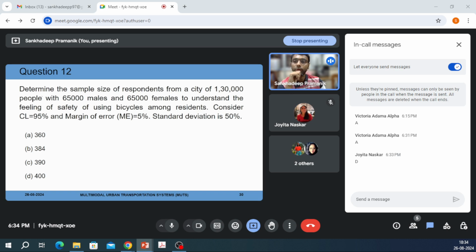Then question 12: determine the sample size of respondents from a city of 1,30,000 people with 65,000 males and 65,000 females to understand the feeling of safety of using bicycles among residents. Consider a confidence level of 95%, margin of error 5%, and standard deviation of 50%.